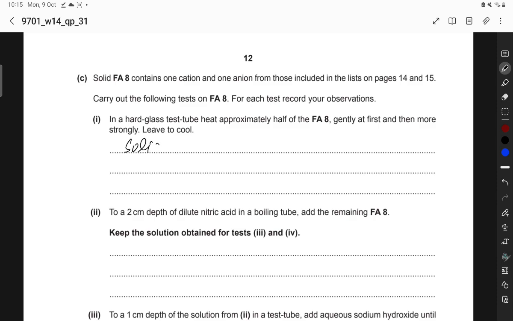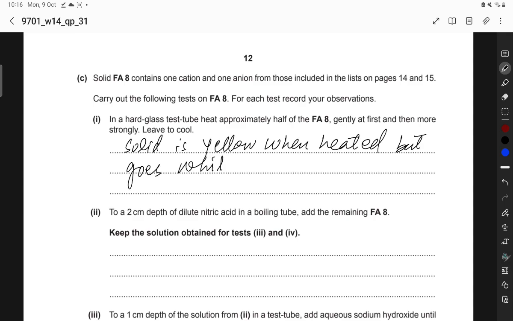Solid is yellow when heated, but goes white on cooling.